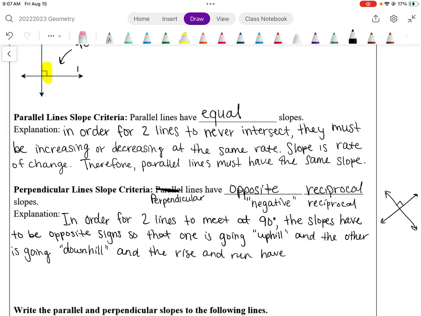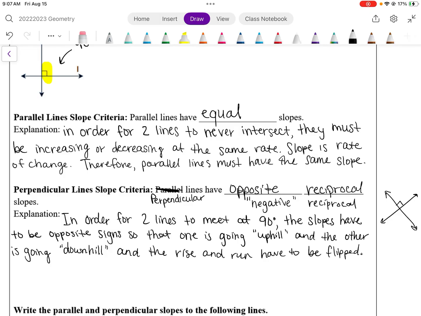And the rise and run have to be flipped. So this is a little bit of an explanation in our own words for perpendicular lines.